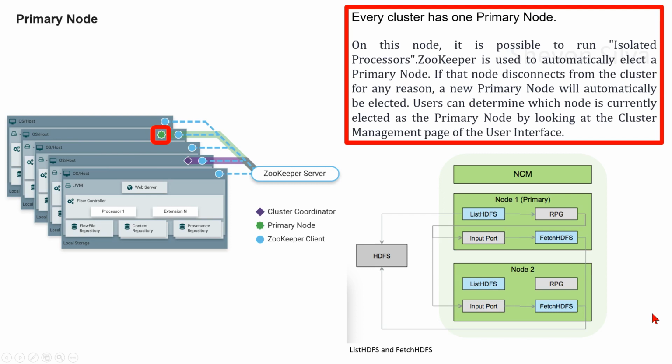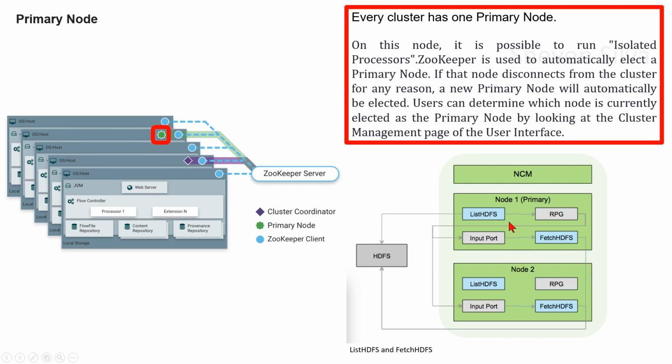An example of this scenario is shown in this diagram with List HDFS and Fetch HDFS. List HDFS is scheduled to run on the primary node and performs a directory listing, finding new files since the last time it executed.